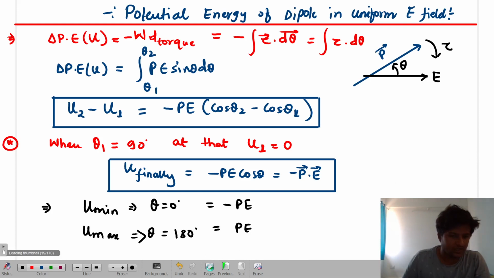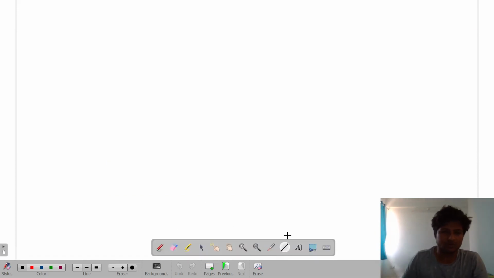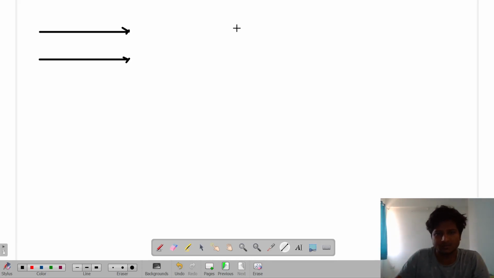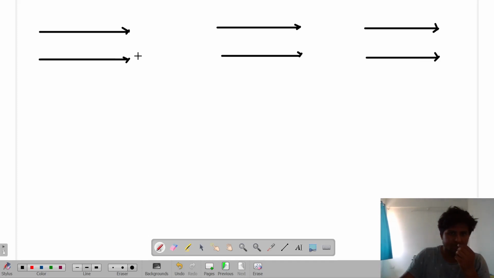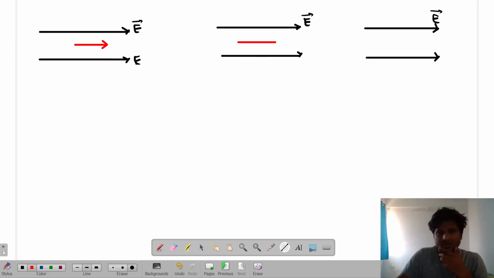So now that means we can classify the dipole orientations in terms of stability and instability, isn't it? So let us see. This is my electric field direction. Let's suppose I place one dipole along the same direction, another in the opposite direction, and another perpendicular to it.